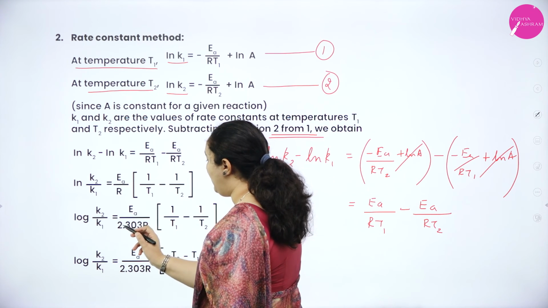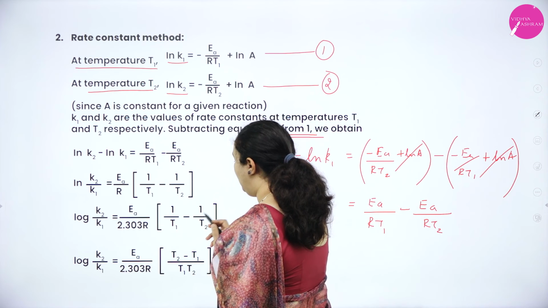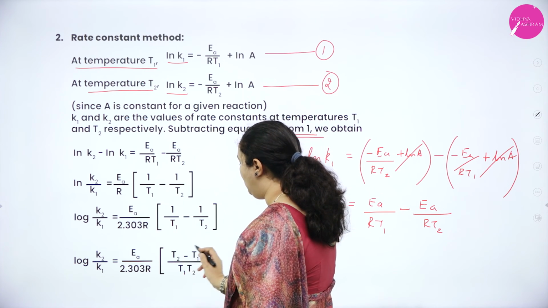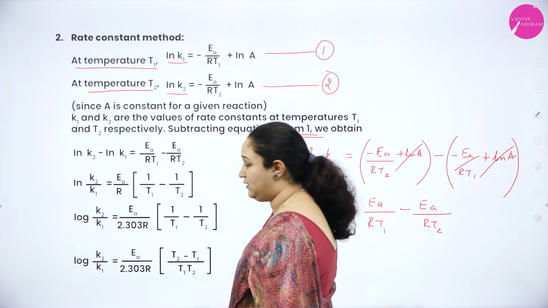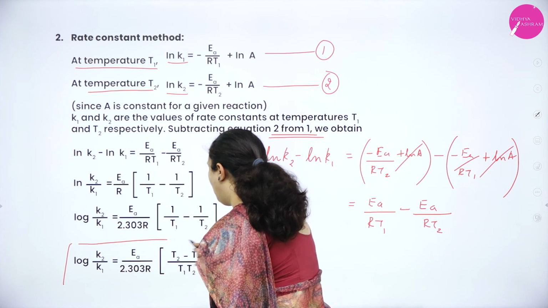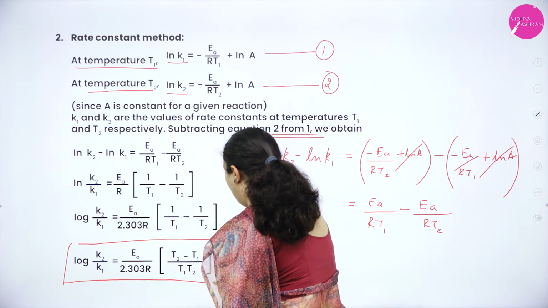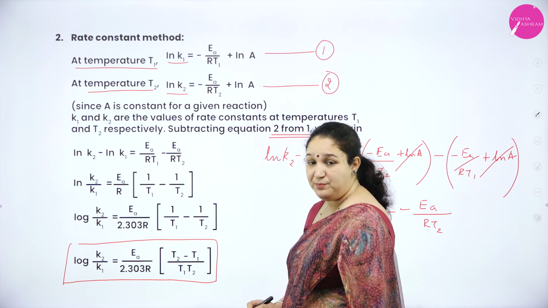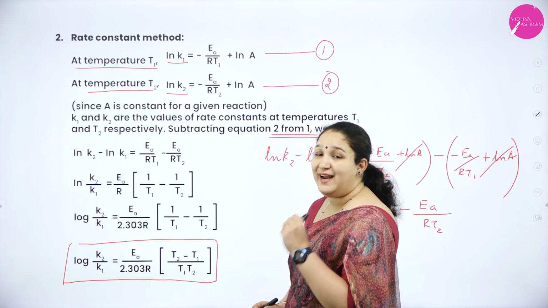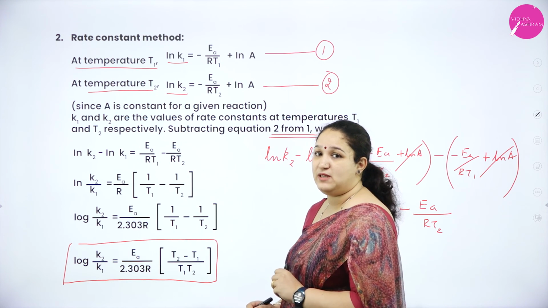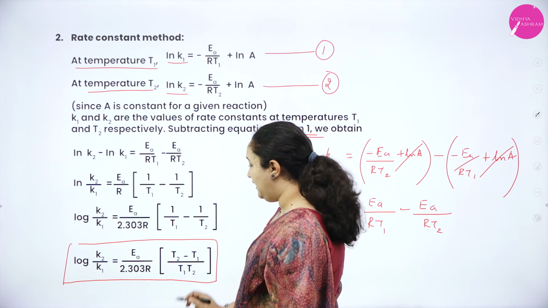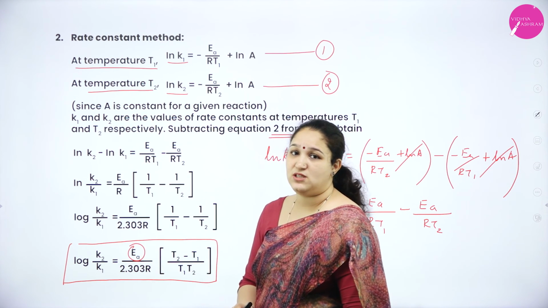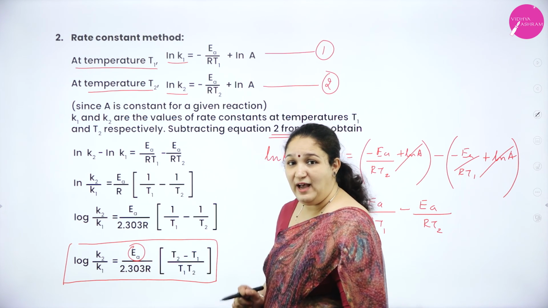So EA by 2.303 R into 1 by T1 minus 1 by T2. Now if I take the LCM T1 T2, I will get T2 minus T1 in the numerator. So this is the formula which you can use to calculate activation energy if you know the rate constant at two different temperatures. So if I know T1, T2, K1 and K2, I can calculate the activation energy. This is the formula which we have derived.